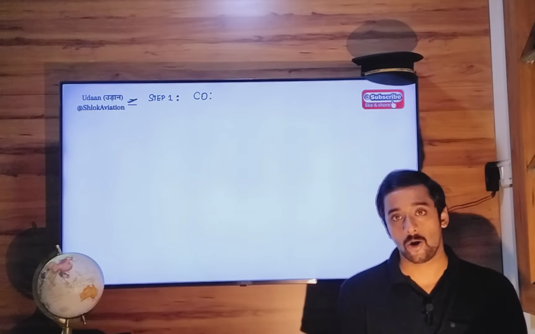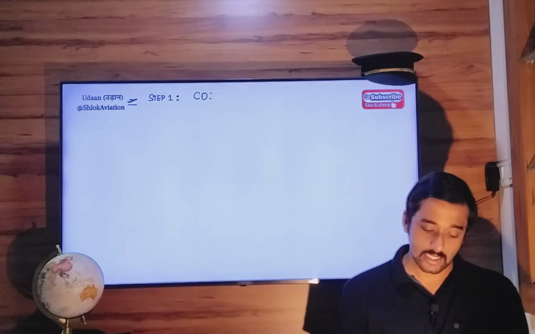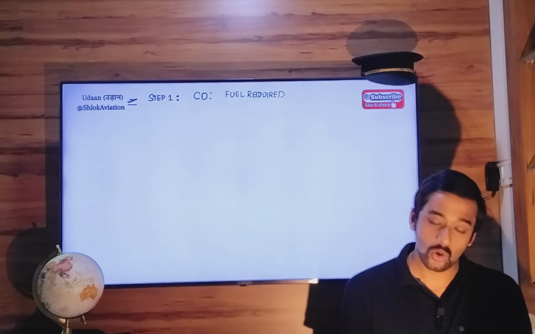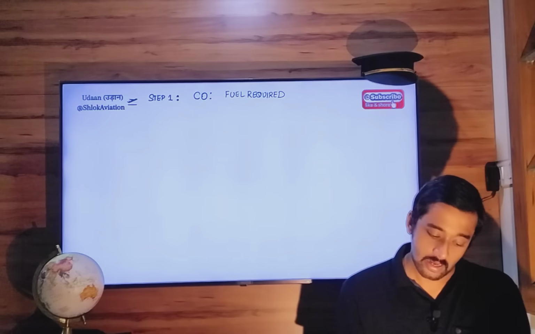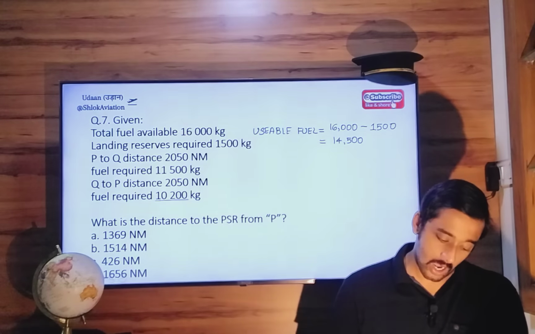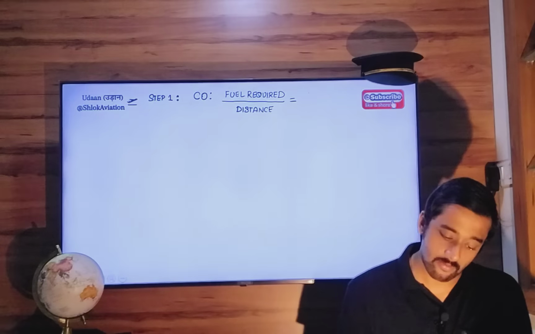Fuel consumption outbound. So that is fuel required to go outbound divided by total distance. So fuel required outbound is 11,500.